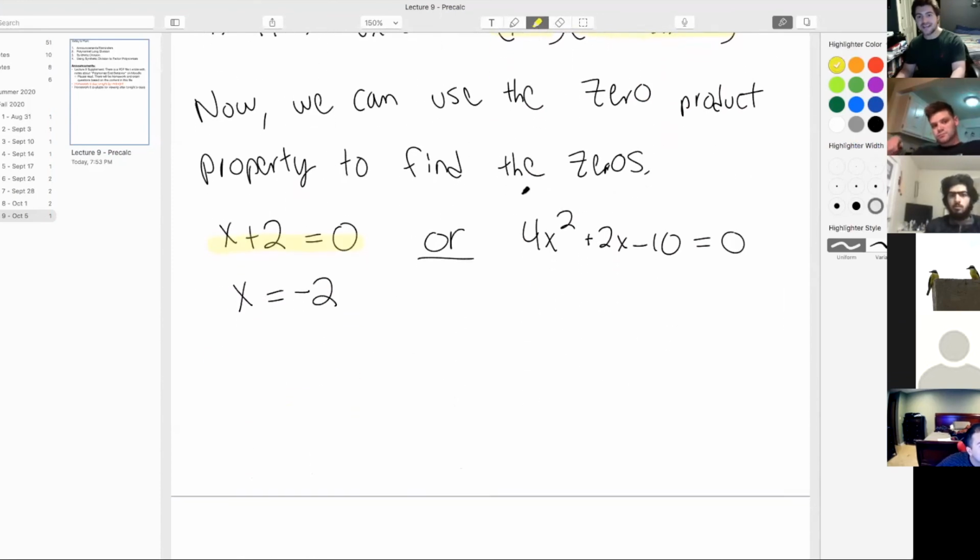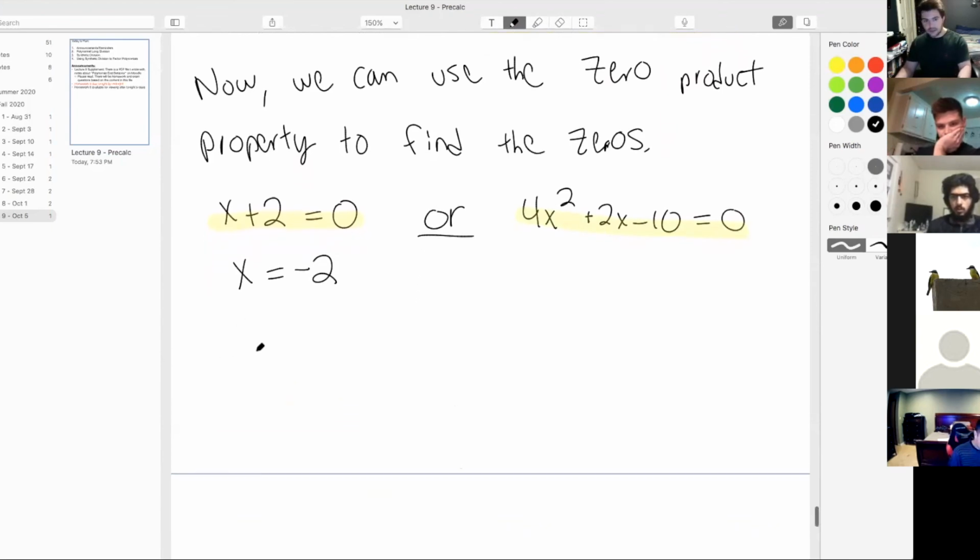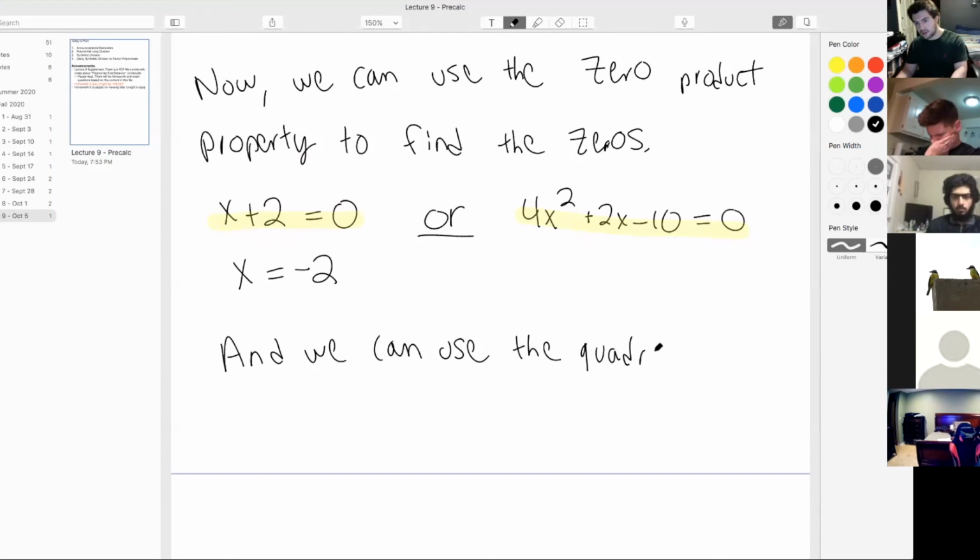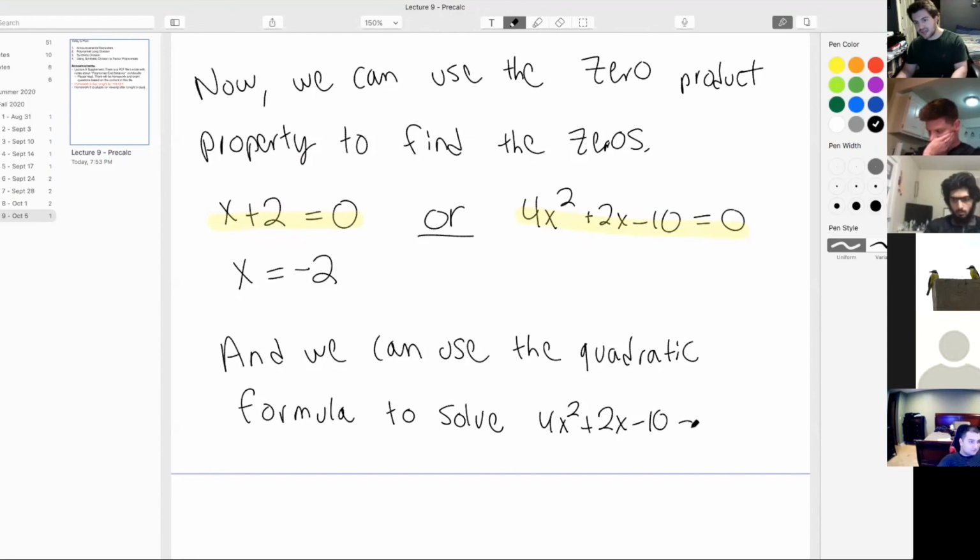And how do we solve this one? Well, actually, you can just use the quadratic formula to solve 4x squared plus 2x minus 10 is 0.